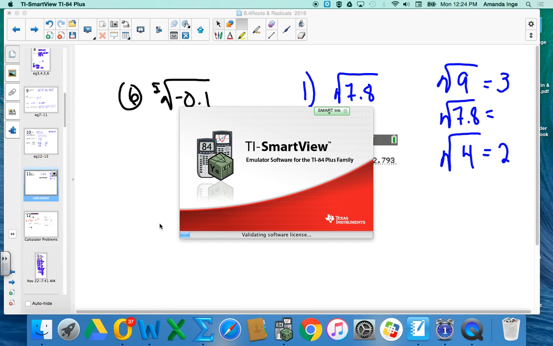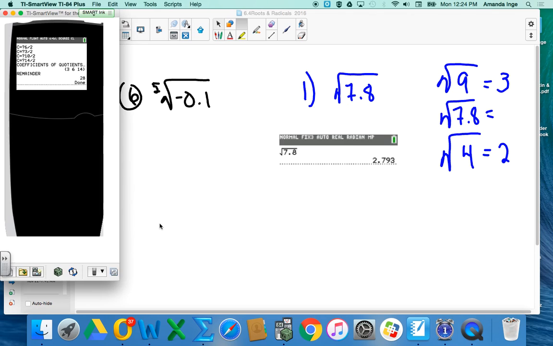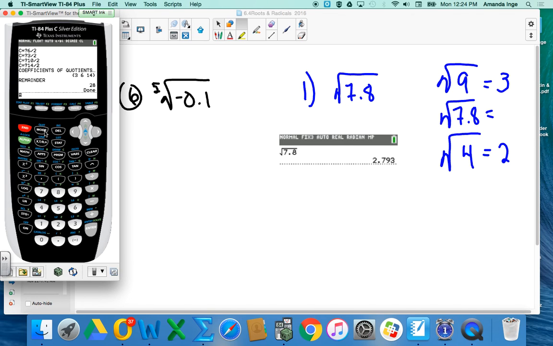I want to look at this problem because there's all kinds of ways to put this in your calculator, but the easiest way is to put in the number, and I'm going to put parentheses around it, negative decimal 0, 1. Oh no, wrong. That should be 0 decimal 1.